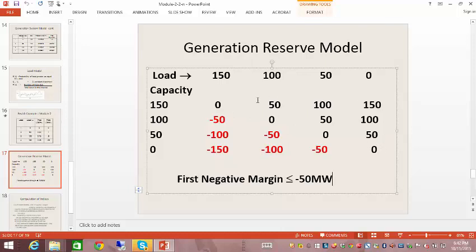Here the capacity is greater than the load, but here it is smaller than the load. So if you want to compute the probability of capacity being less than the load, or the probability of load loss, then basically you have to compute the probability that the margin is less than or equal to the first negative margin.